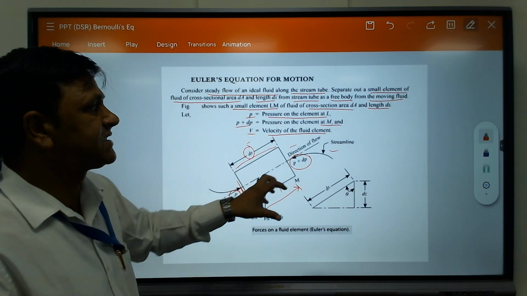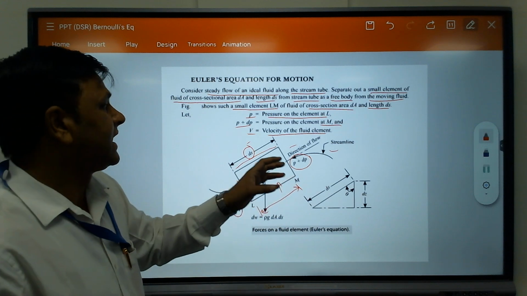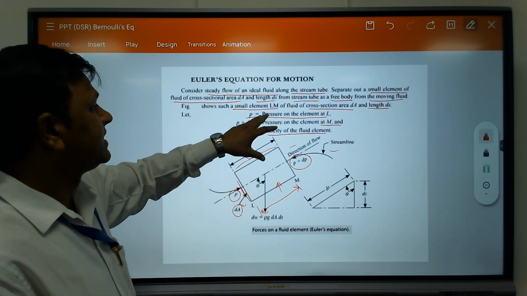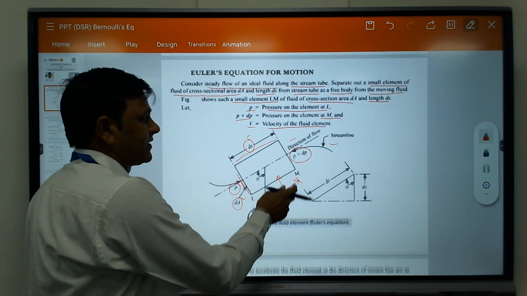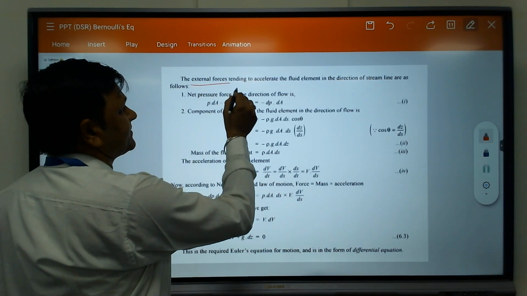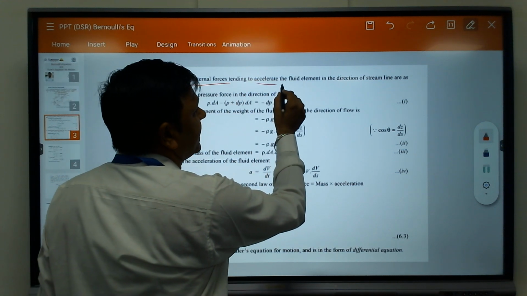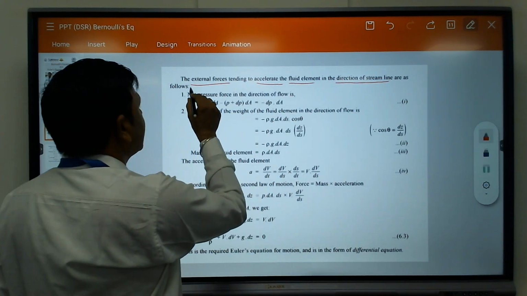This is the fluid element we have considered for the derivation of Euler's equation of motion, and these are the terms we have considered. Now the external forces tending to accelerate the fluid element in the direction of streamline are as follows.